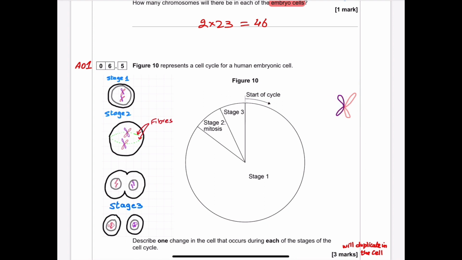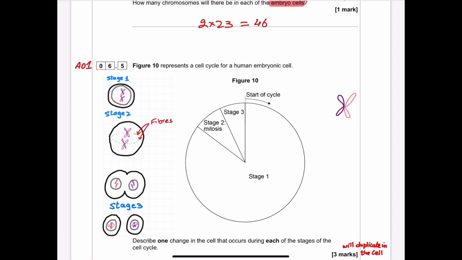Stage number 2 is called mitosis. In mitosis, the chromosomes will line up on the fibers which are generated here. These are the fibers, and the chromosomes are coming in the center, and the nuclear membrane has already disappeared.